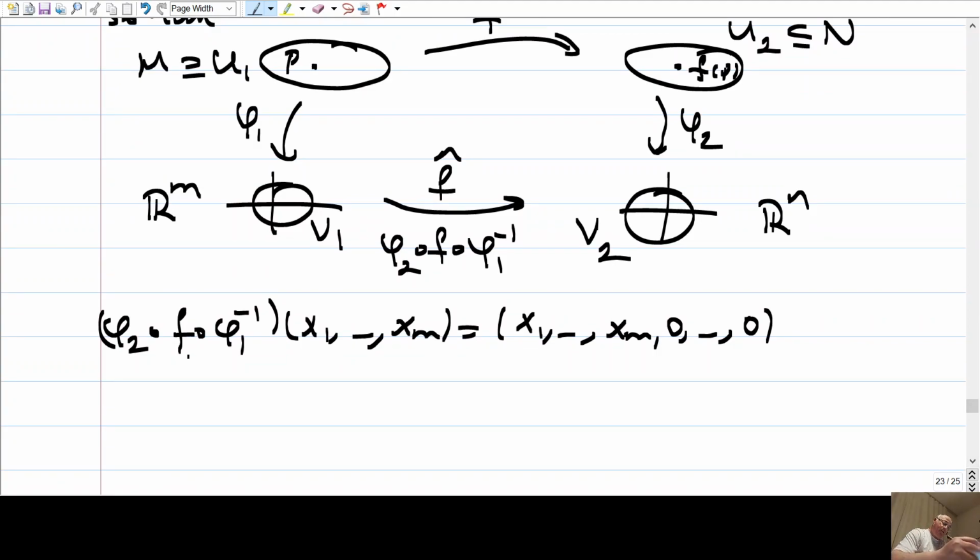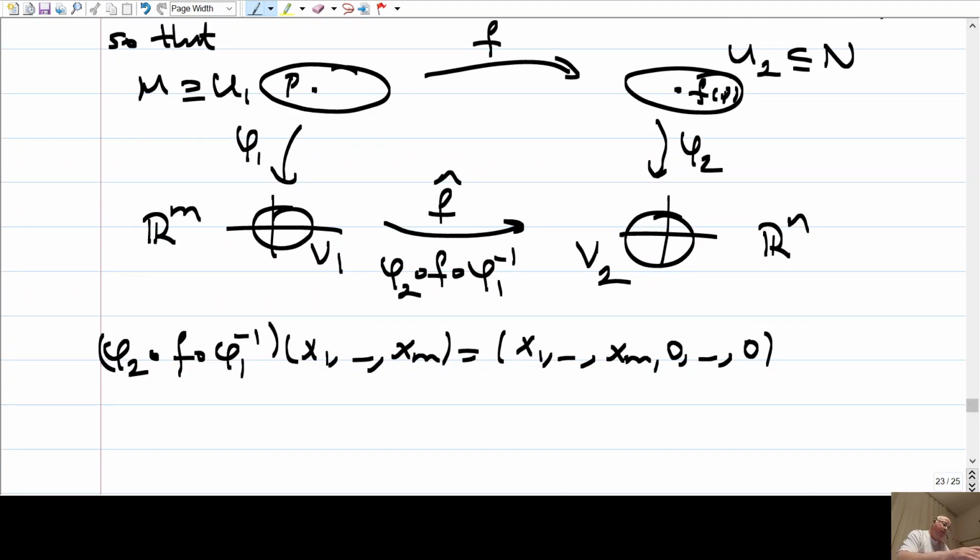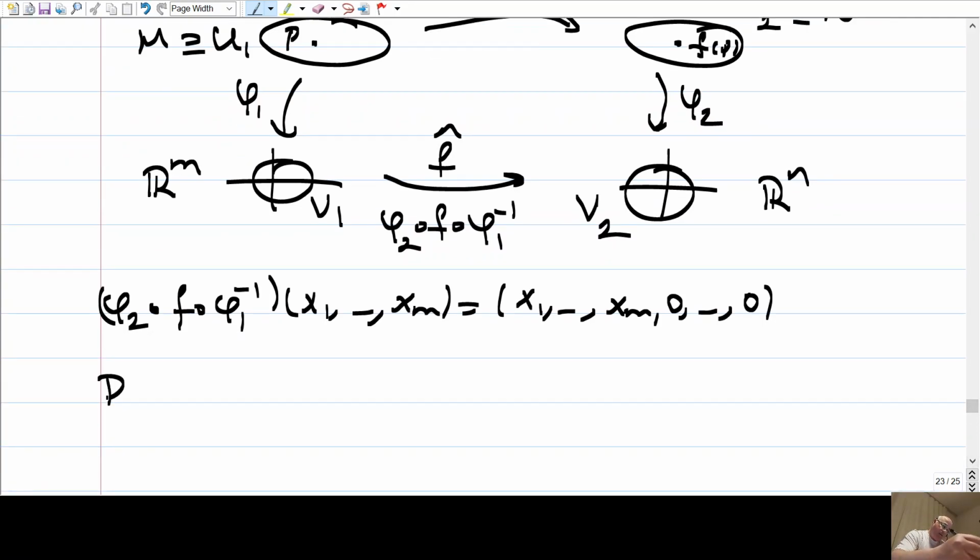Okay, so that's the statement. In other words, we can find coordinate neighborhoods so that our function f in these coordinate systems looks like just the standard immersion. So any immersion is actually standard under a suitable coordinate system.